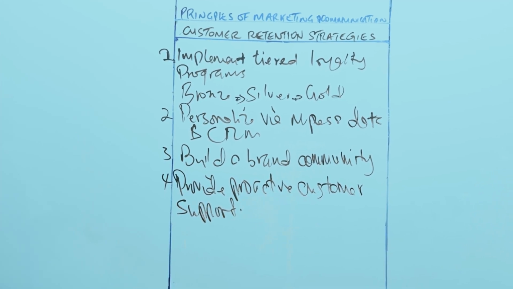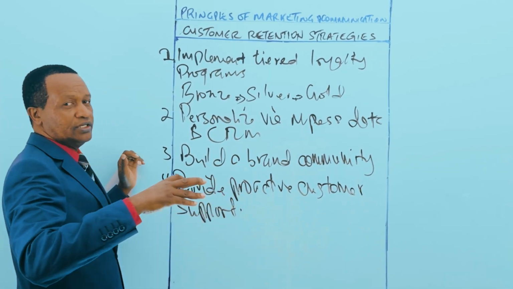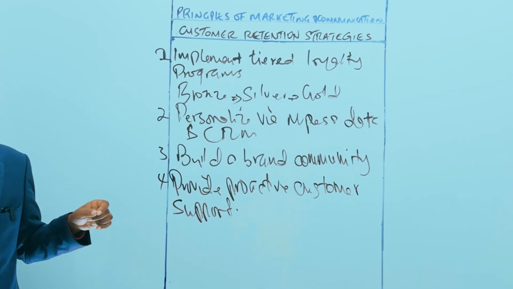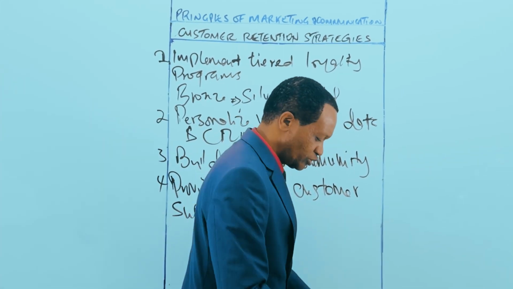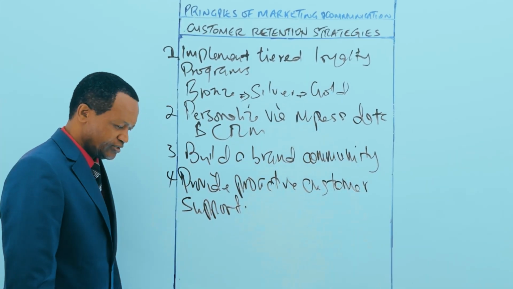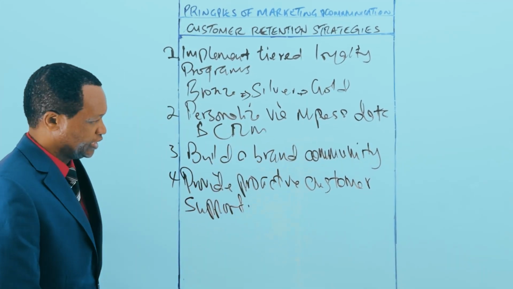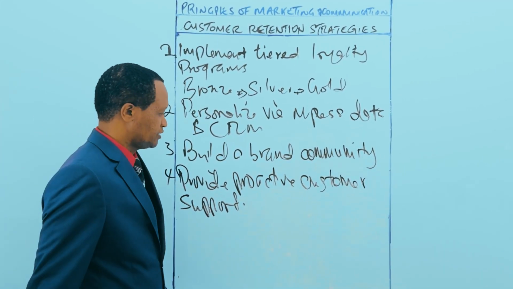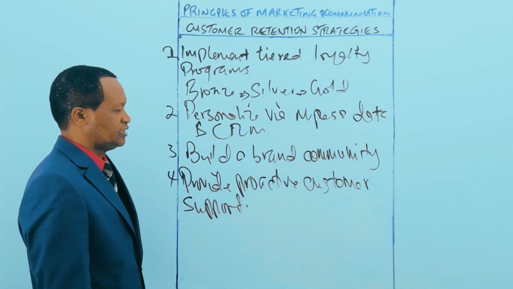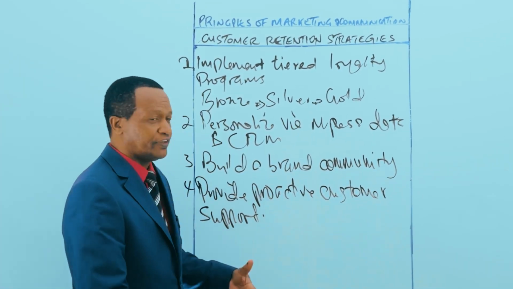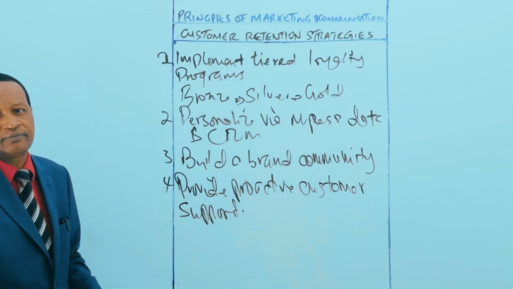Proactive customer support means fixing the potholes before the customer hits the pothole. The customer should be aware that you fixed that pothole before they hit it, before the customer complains. Be proactive. Don't react to customer complaints. Anticipate the complaints, then fix them. That's one way to retain customers.